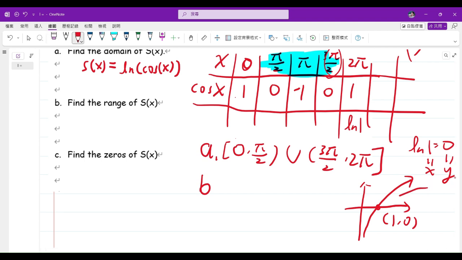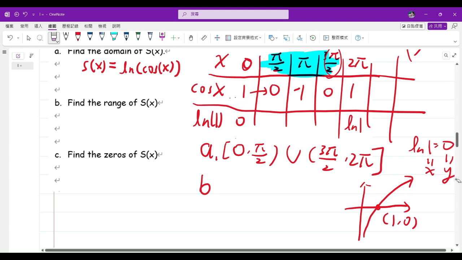So when your cosine x equals 1, then ln 1 equals 0. And from 1 to 0, your cosine x is decreasing.